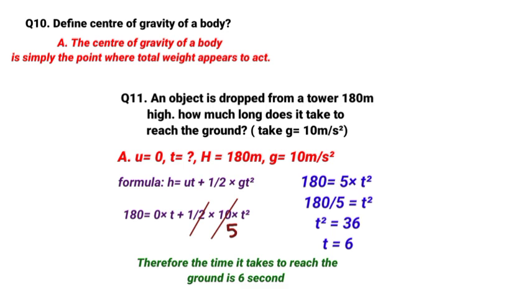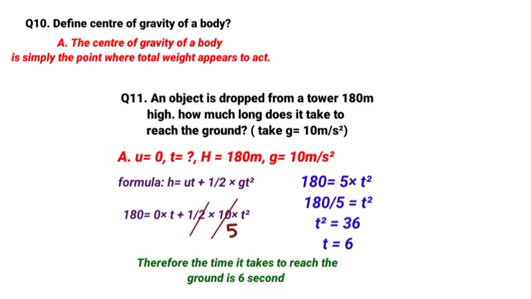180 equals, here height is 180. So 180 equals 0 into t plus half into 10 into t square. Here 0 into time equals 0, and half into 10, 2 ones are 2, 2 fives are 10, so 2 is cancelled. 180 equals 5 into t square.